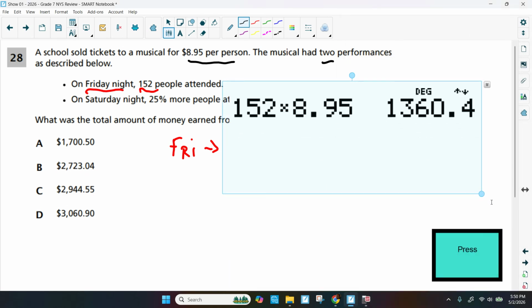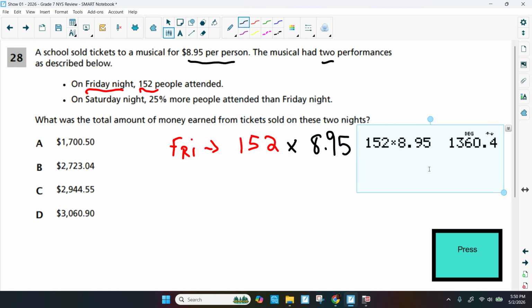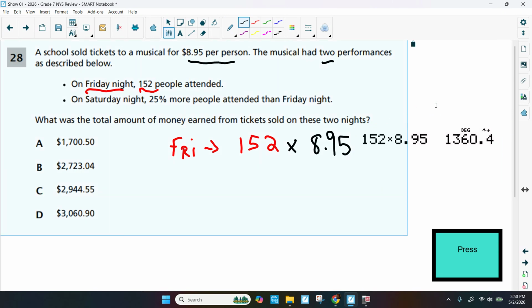All right, and I noticed they didn't put the extra 0 on the end, so I will. So we get, they spent on Friday night $1,360.40. Well, let's keep going and see what happened on Saturday night.